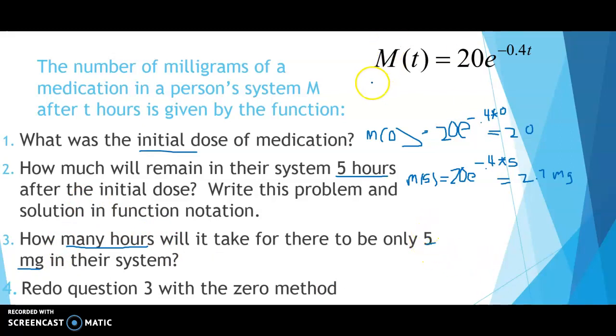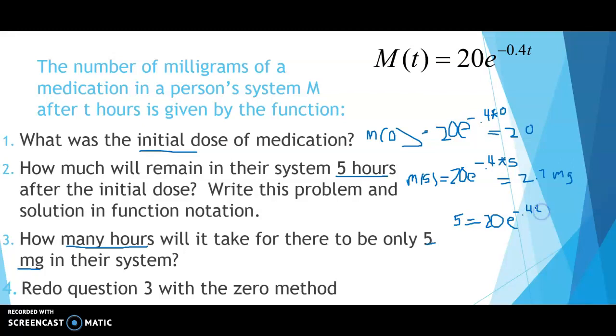So when I look at the formula, this M of T is the milligrams based on time, and so this time my 5 is replacing the M of T. So I'm going to write out M of T is 5. I want the milligrams to be 5, equals 20 e to the negative 0.4 t.